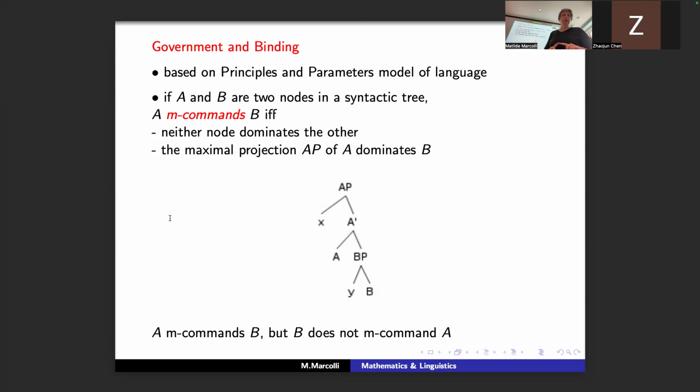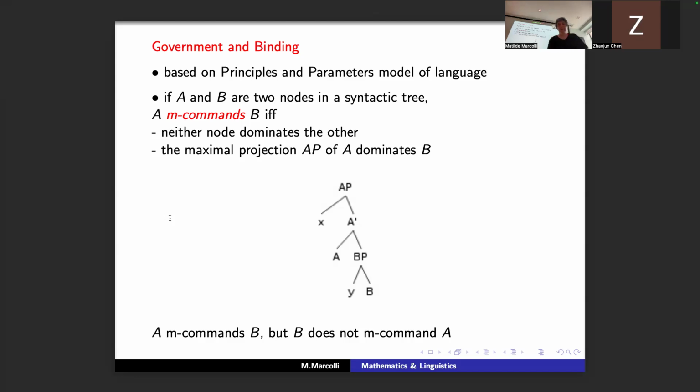One is called M-command, where if you have two nodes in the parse tree of a sentence, you say that node A is M-commanding node B if neither of them commands the other, in the sense that neither of them is on the path from the root to the other one, but the maximal projection, which I'll say a lot more about later, of one of them is on the path from the root to the other one.